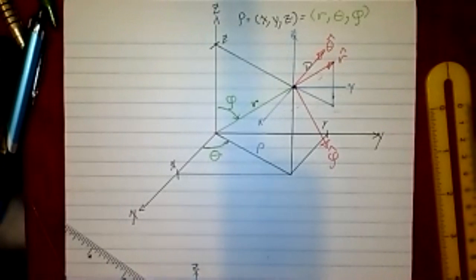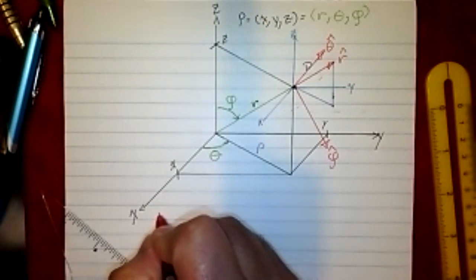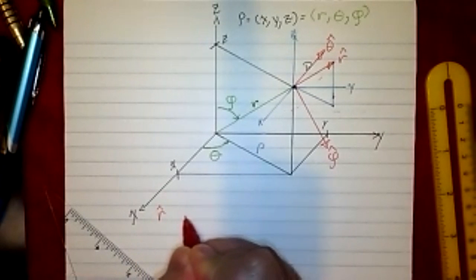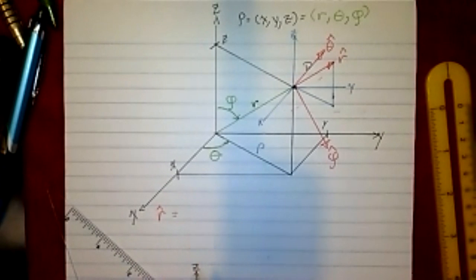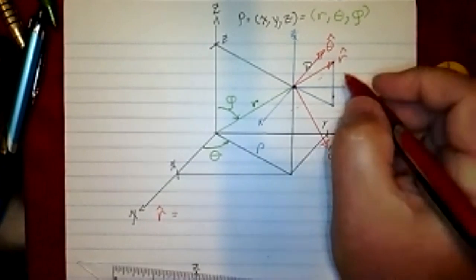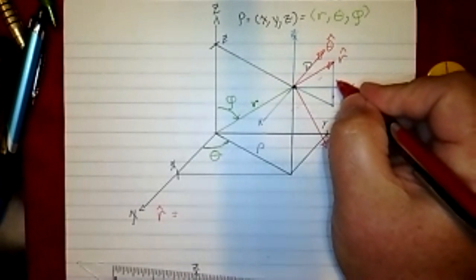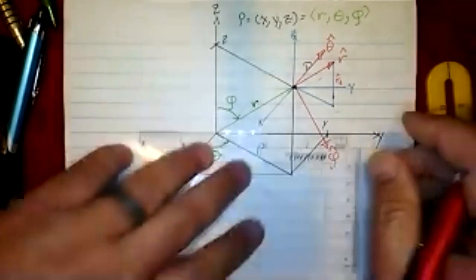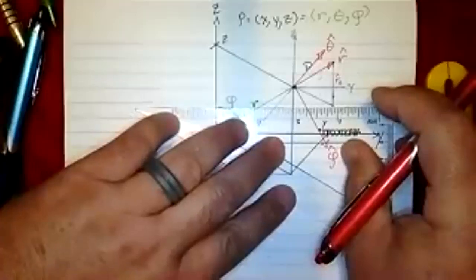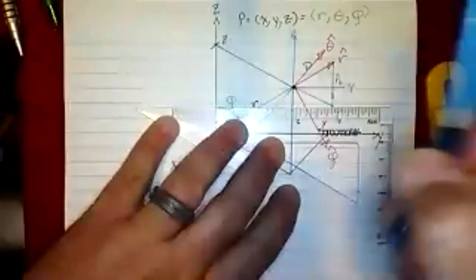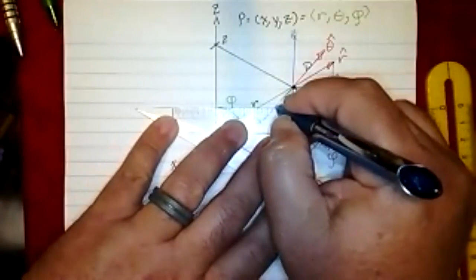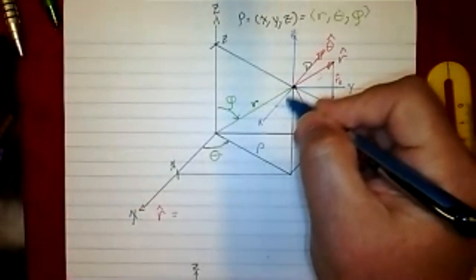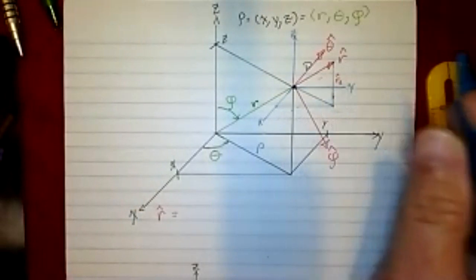So I can write down here r hat is equal to, and I need an x component, a y component, and a z component. I now see the z component. This is r hat sub z, for instance. Now, if I draw a line parallel to the y-axis over here and run it into the x-axis, that will allow me to determine the x component of r hat and the y component of r hat.